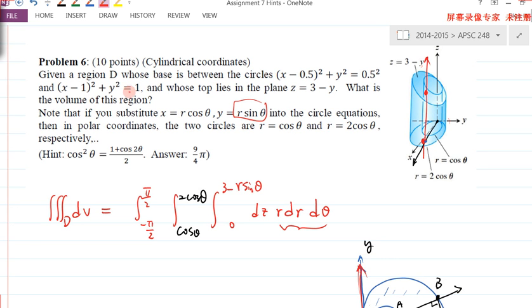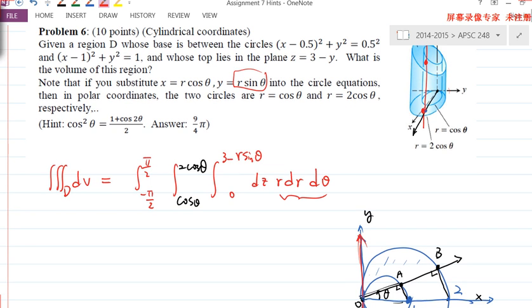Similarly for this one. That's what we learned today in class: this is the expression for the circle using xy coordinates. If we use polar coordinates, we get r equals 2 cosine theta. That expresses the same circle. In other words, if this is a cylinder, then r equals 2 cosine theta describes the same cylinder.